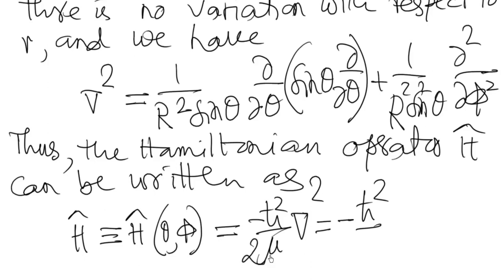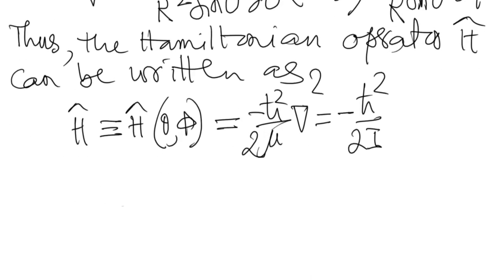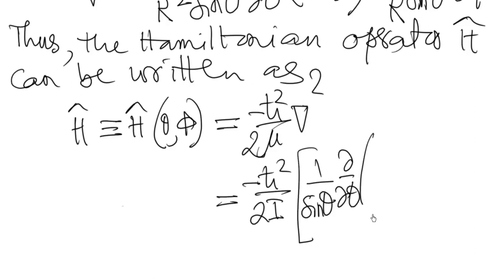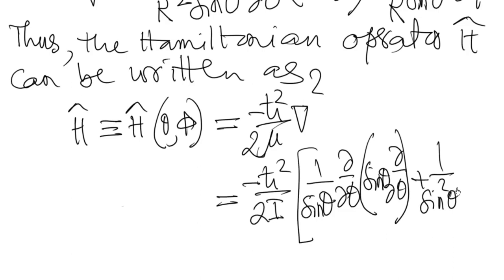I'm sorry, this is twice mu r square, that is twice I. So it can be written as minus h bar square by twice I, times 1 by sin theta del by del theta, sin theta del by del theta, plus 1 by sin square theta, del square by del phi square.